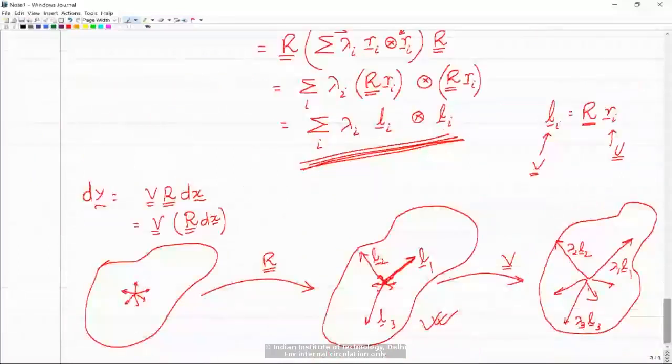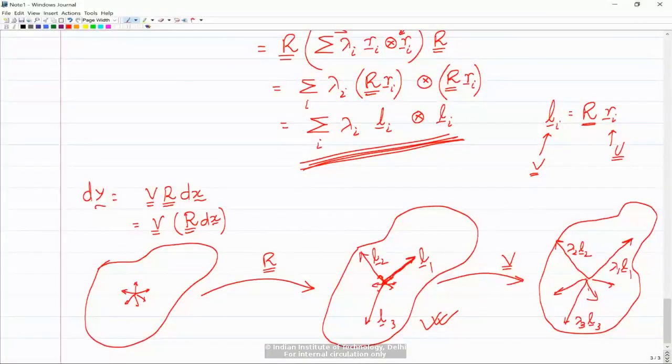So I'm going to stop here and we'll continue tomorrow. Sir, the three line elements L1, L2 and L3 become lambda 1 times L1, lambda 2 times L2, like that. Yes. What about the other line elements? They will undergo change.